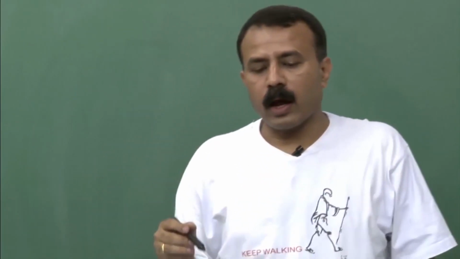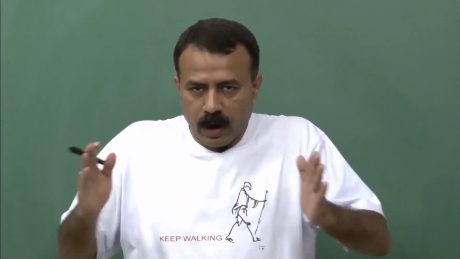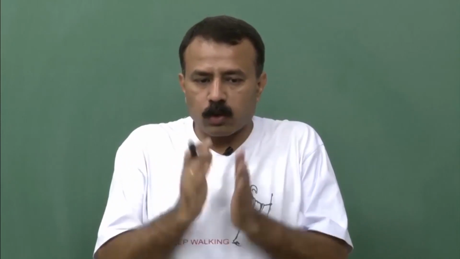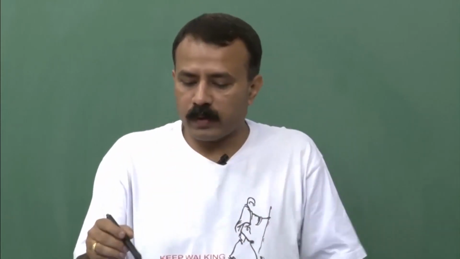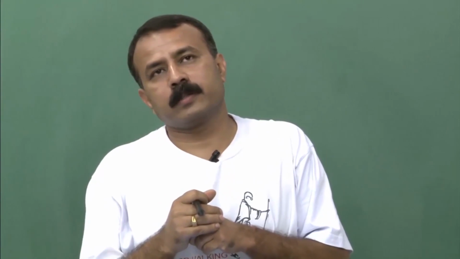That is when the heart is beating very fast, that is a fast heart rate, and if they are far apart, then there is a slow heart rate, and if the time gap between these two is irregular, that is an irregular situation which falls under cardiac arrhythmias.